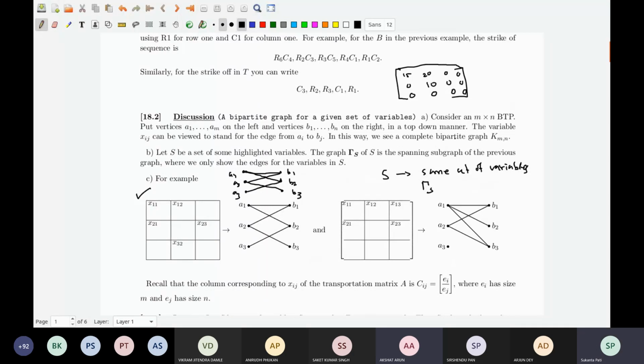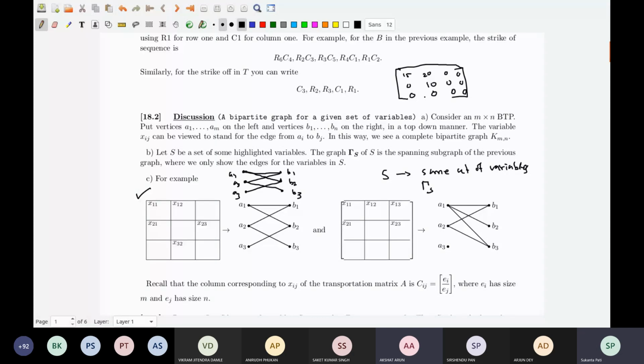So suppose it means that I had a 3x4 transportation array. Fine, let me write some 5 or something here. Whatever it is. So I had a 3x4 transportation array. Then, now somebody has given me a feasible solution.